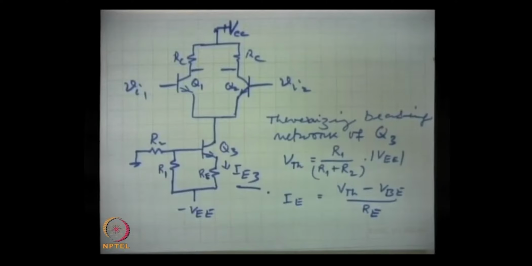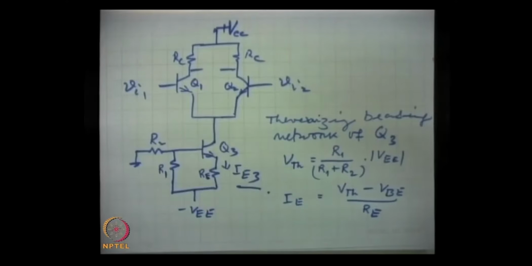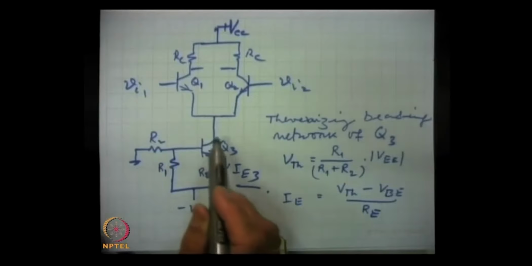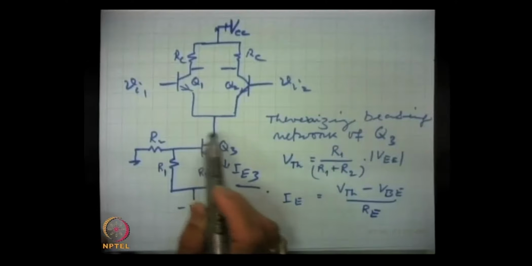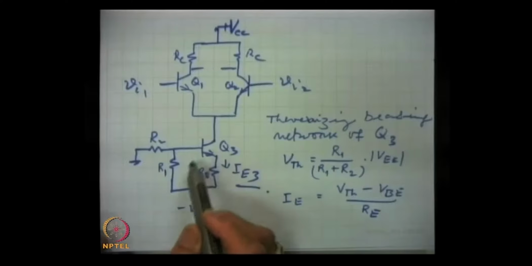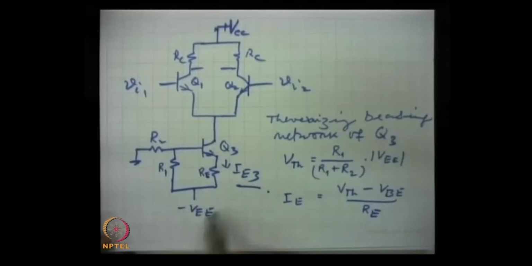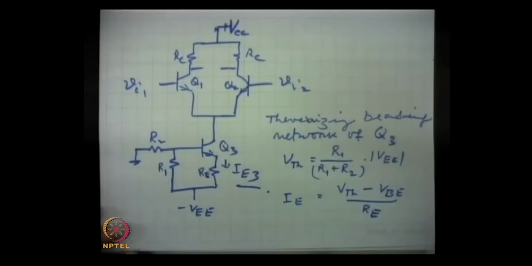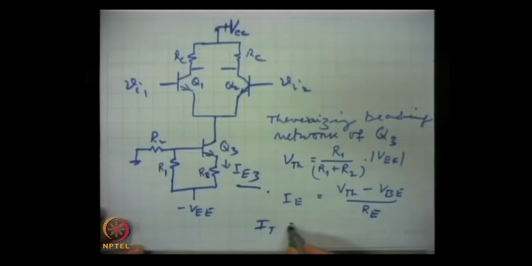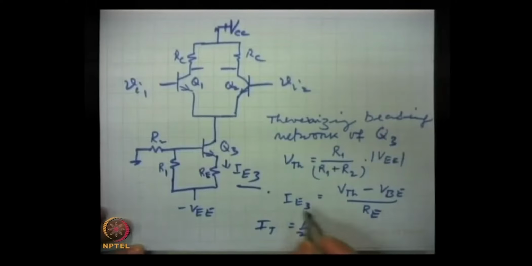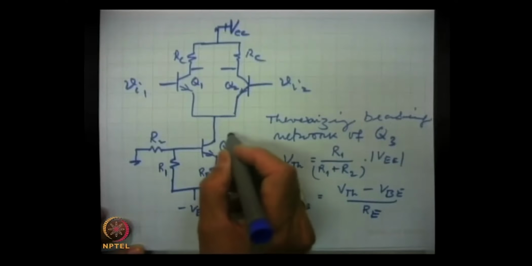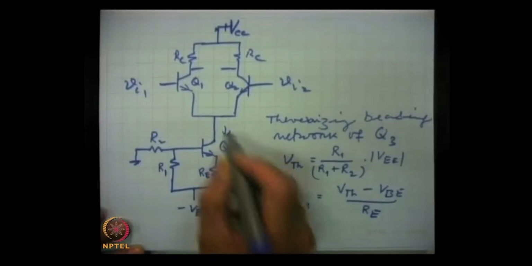So, this is the ammeter current, and this will be much more constant than the earlier one, which was flowing through the resistance with R_E and battery V_EE. And so the tail current I_T is half of this, IE3, that is this current and this current.